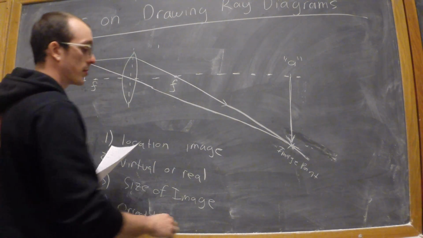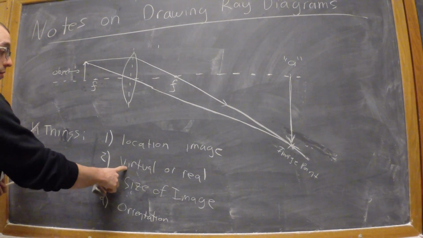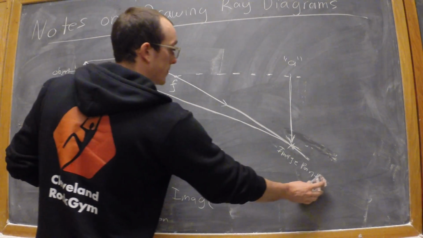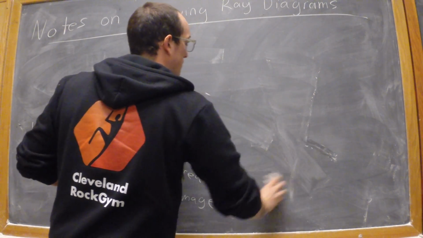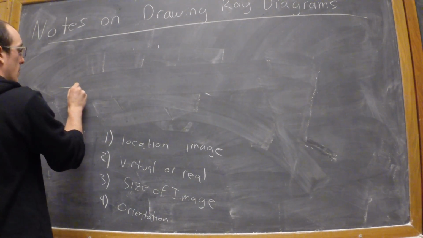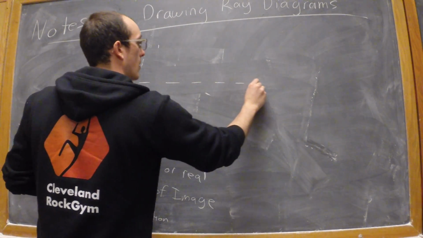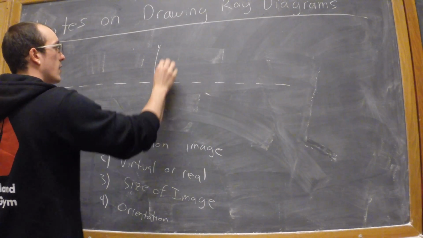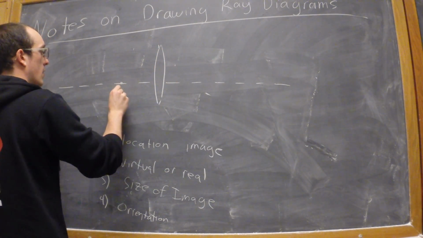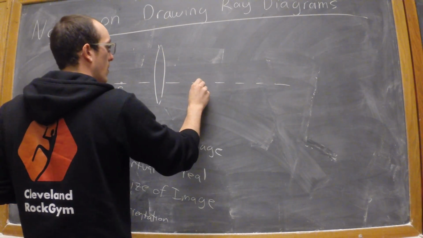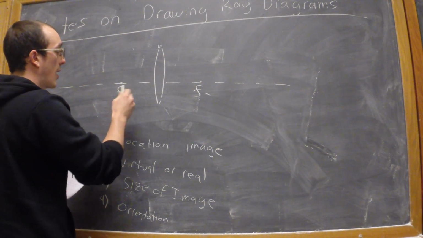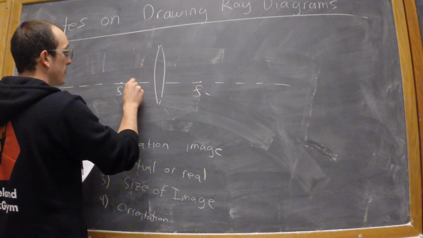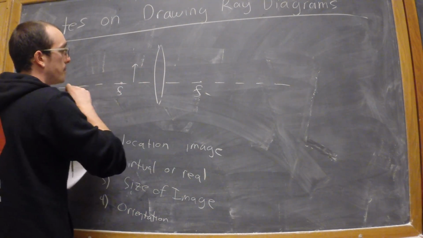So here is another example that brings in how we would get a virtual image. Now let's put our object in front of the focal point. So we'll put it here.